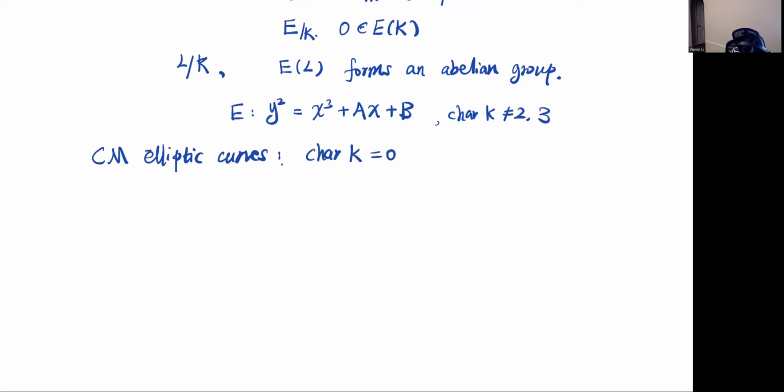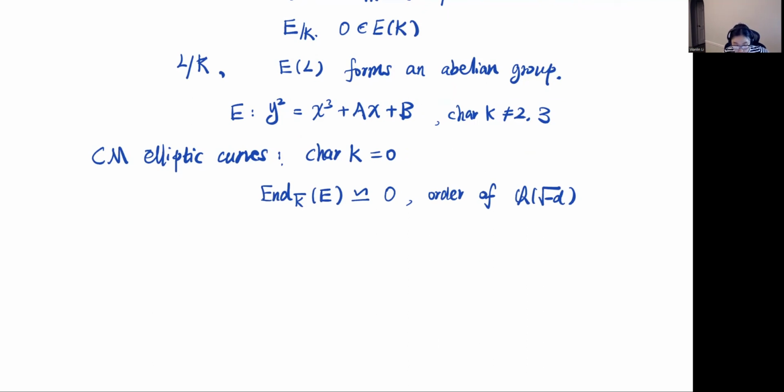Then I say an elliptic curve has CM when the geometric endomorphism ring is isomorphic to a so-called order O of some imaginary quadratic field, Q adjoin square root of minus D, right? So I just told you that such elliptic curves exist, but I did not tell you how to construct such elliptic curves, how many such elliptic curves there are, and how to start, right?